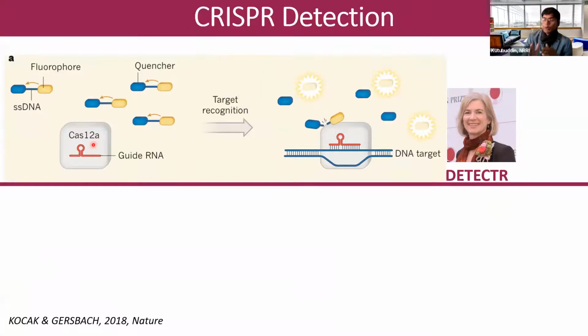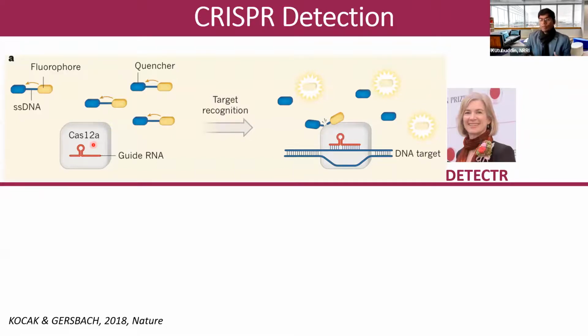It obviously goes and binds to the target and cuts the target, but it has collateral activity. Collateral activity means when it finds its target, it will bind and chop that target, but after it finds its target, it also can chop other single-stranded DNA if it is present in the vicinity of that protein.